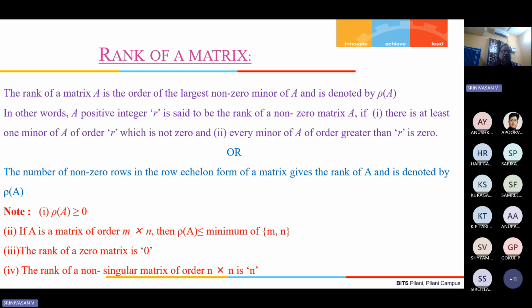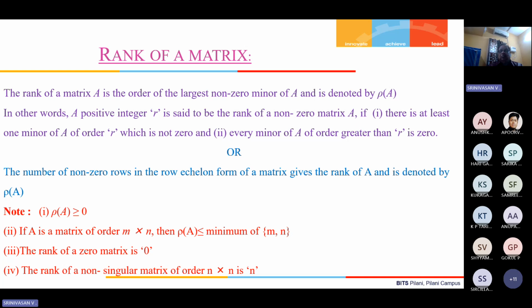So if A is a matrix of order m by n, you can find the rank of a square matrix or a rectangular matrix of any order m by n. You cannot go wrong if you know this concept: rho of A will be less than or equal to the minimum of m comma n, the number of rows and number of columns.